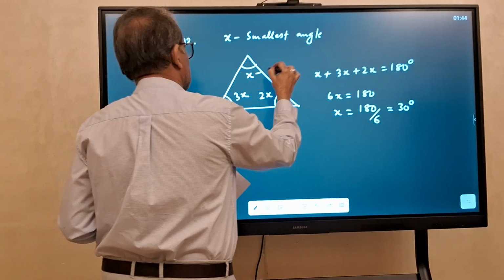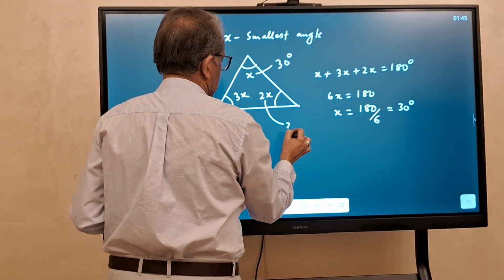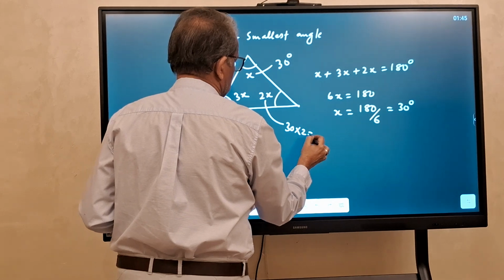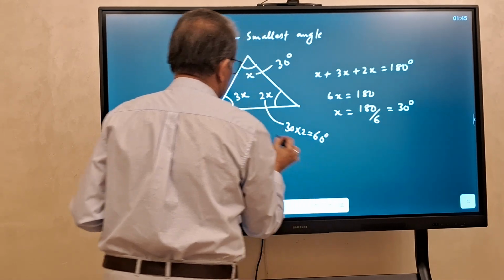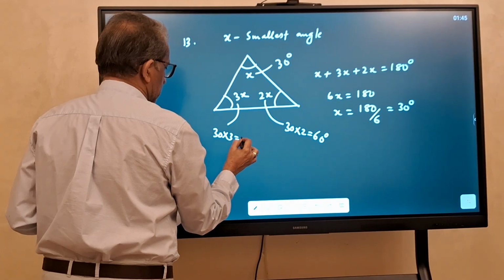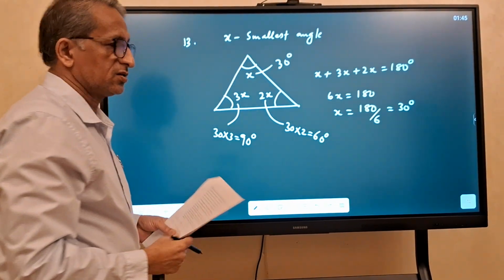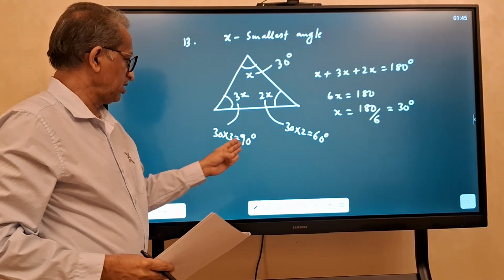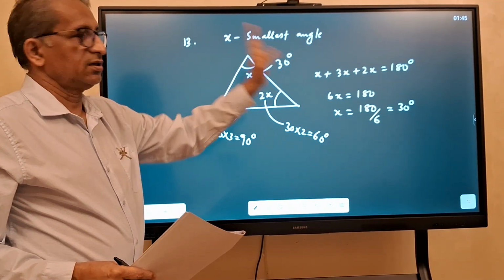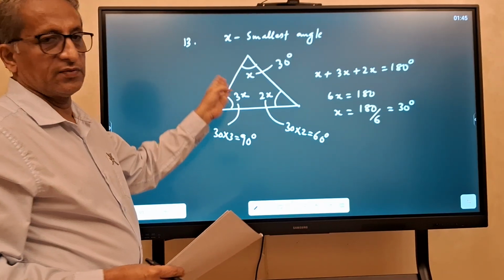So this is 30 degree. Then 2x, that is 30 into 2, that is 60 degree. This, 30 into 3, that is 90. So 30, 60, 90 are the measures of the 3 angles of this particular triangle.